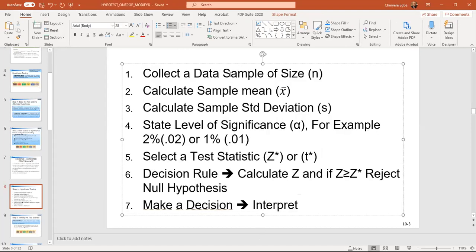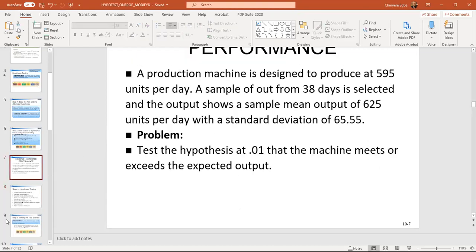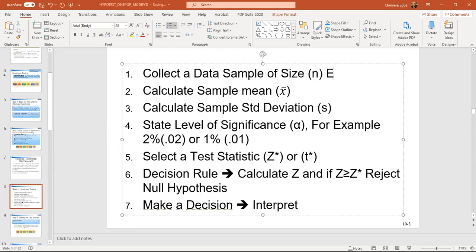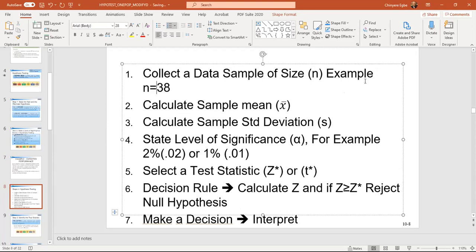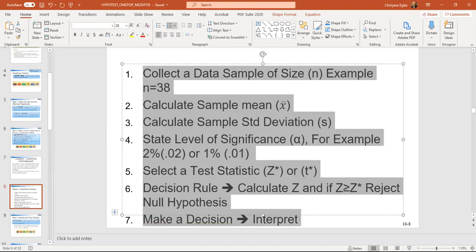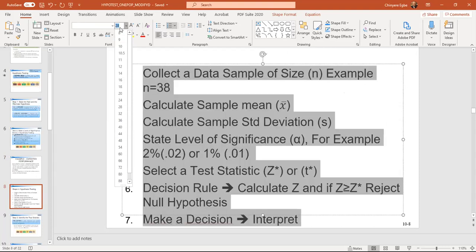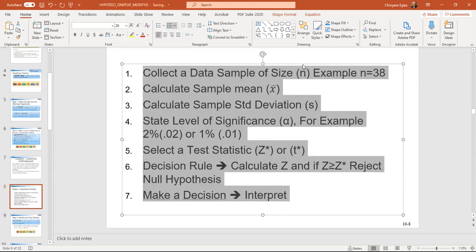So now, for the example that I showed you, we've already gone through step one. We've collected some data of sample size n, and that n in that example was 38.